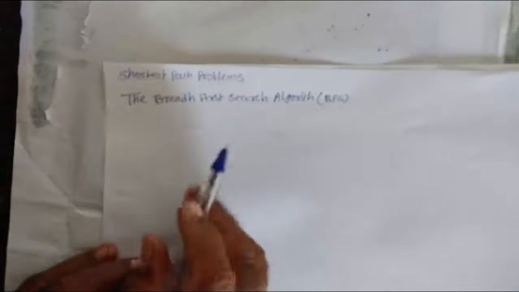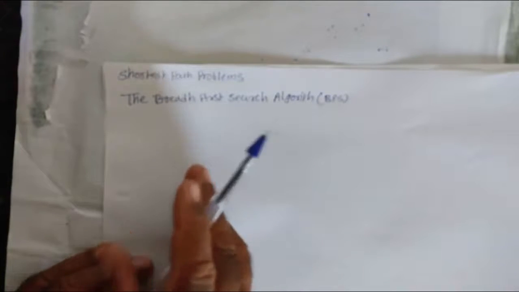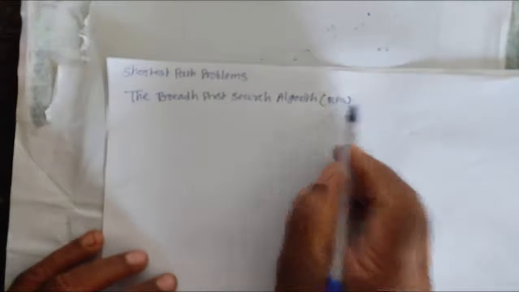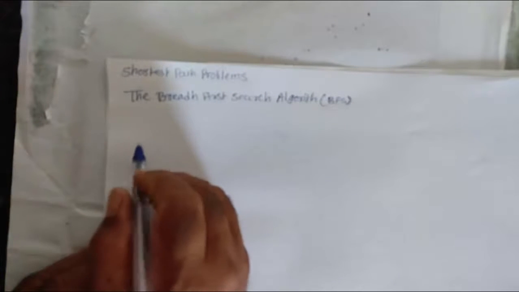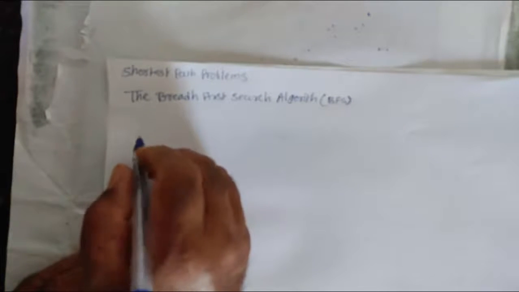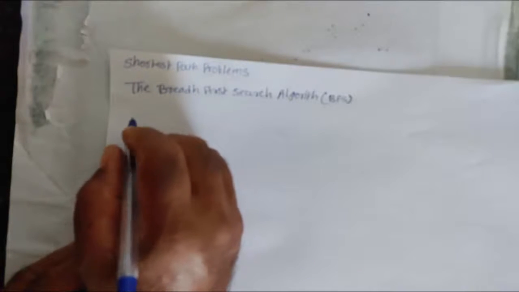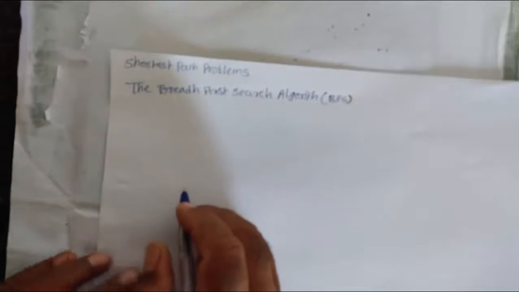Here, let G be a graph, and S and T be two specified vertices of G. We can find the shortest path from S to T using this algorithm by giving each vertex a label: 0, 1, 2 and so on.